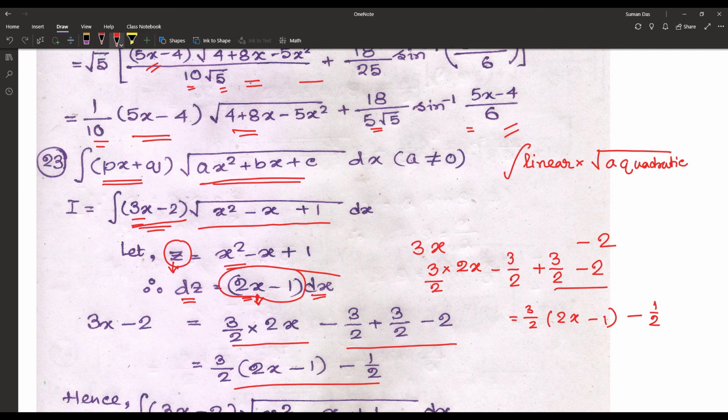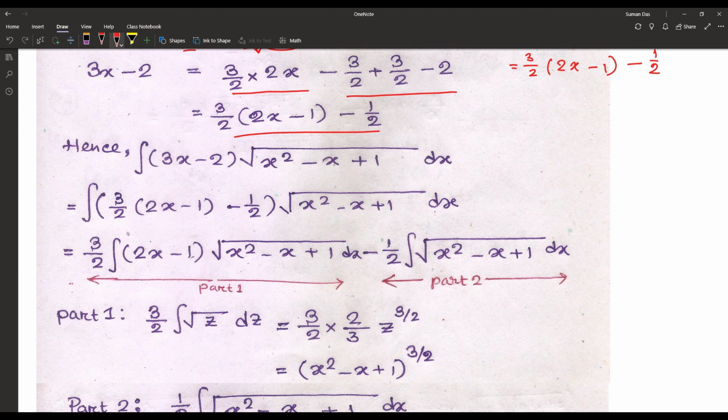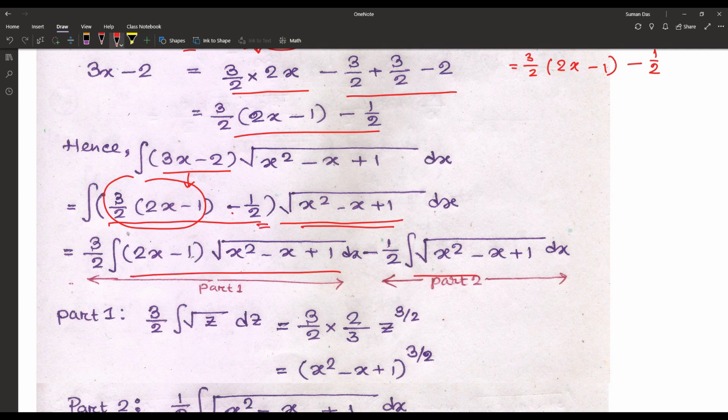So we can write that linear part, that means the integration of 3x minus 2 times the square root of x square minus x plus 1, in that way. Now we are separating it into two parts: one into the square root part, minus half into the square root part, that is our second part.